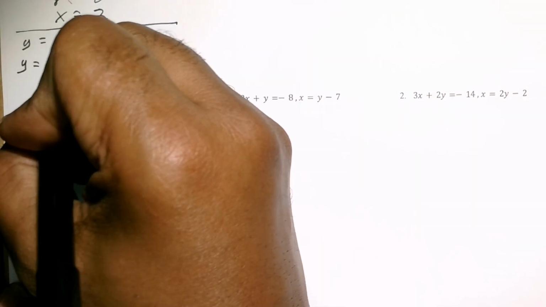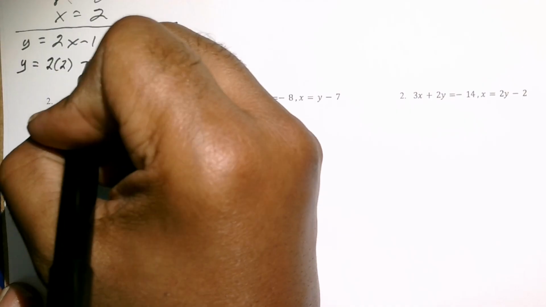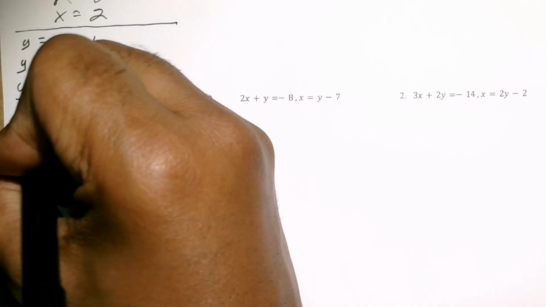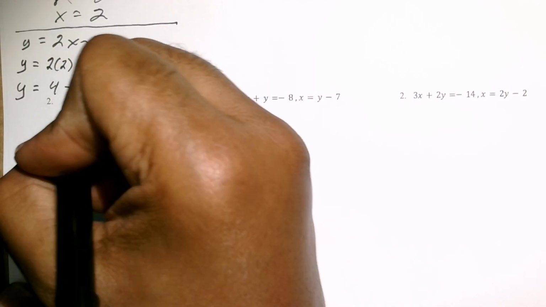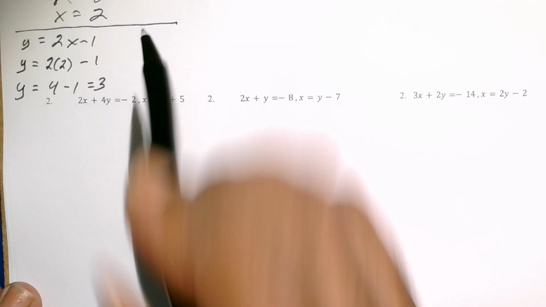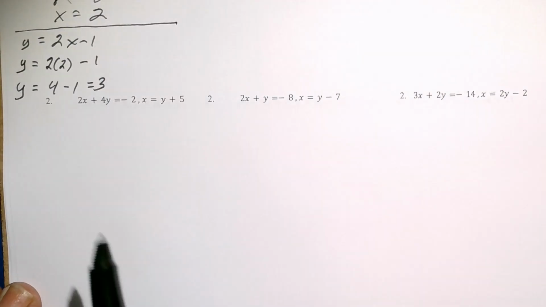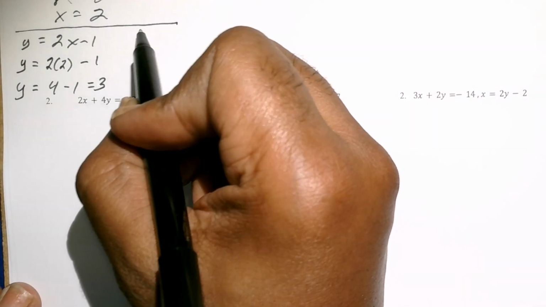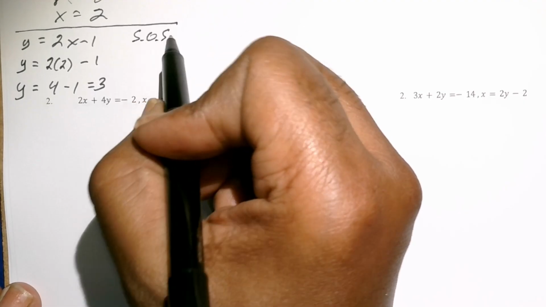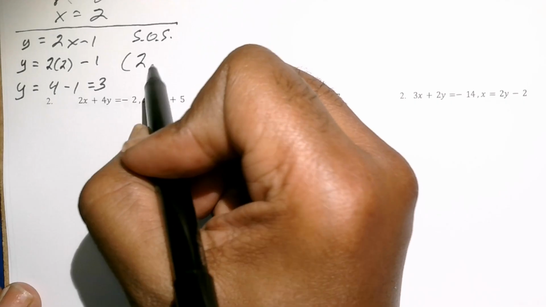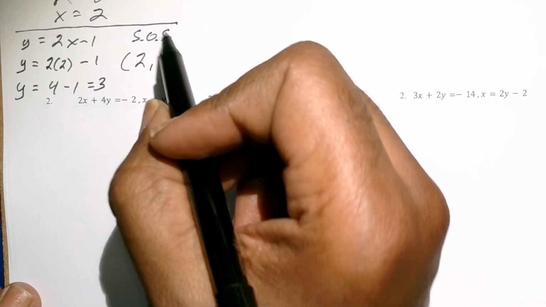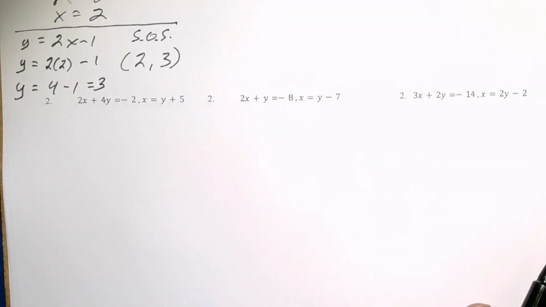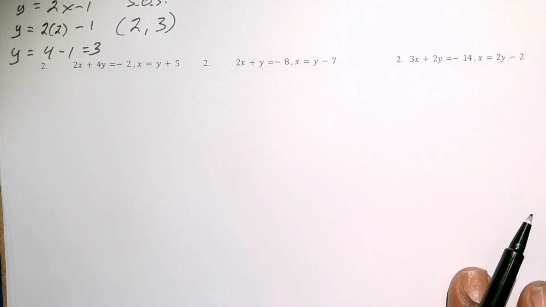So y = 2(2) - 1, and so y = 4 - 1, and that's going to be 3 for y. So I can conclude that the solution of the system will be x is 2 and y is 3. Solution of the system.